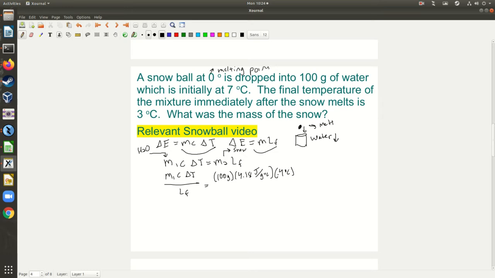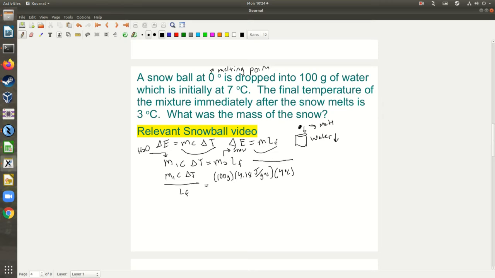If I did do the negative, then I would need to put a negative here, because basically any time you're going through a phase change where you're increasing in entropy, then it's a negative value. It's up to you if you want to do that or not. I generally just stick to absolute values and kind of just logically think through it.